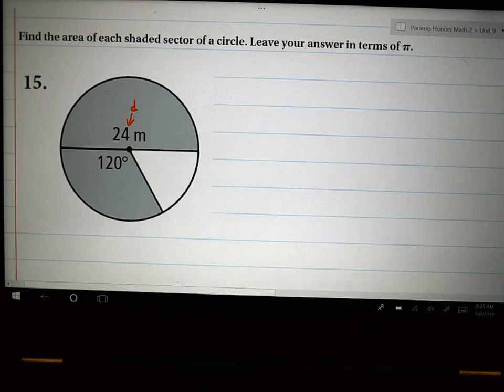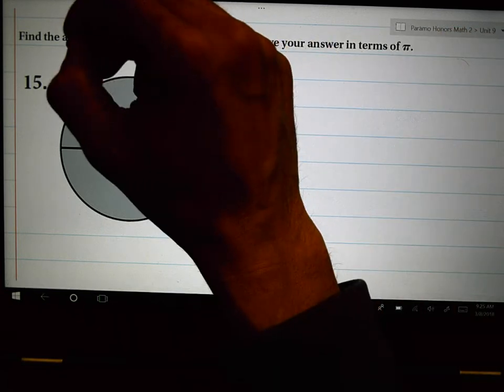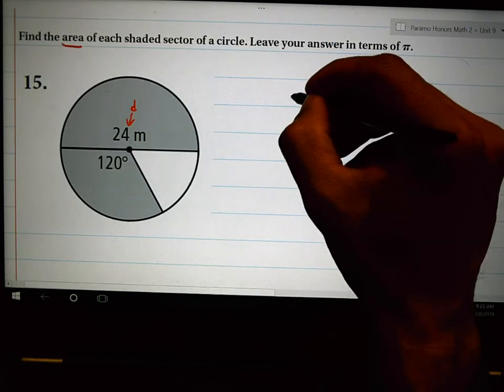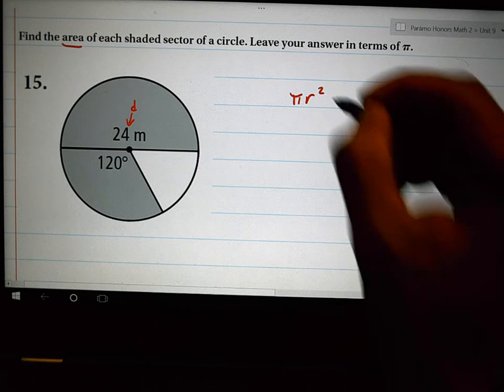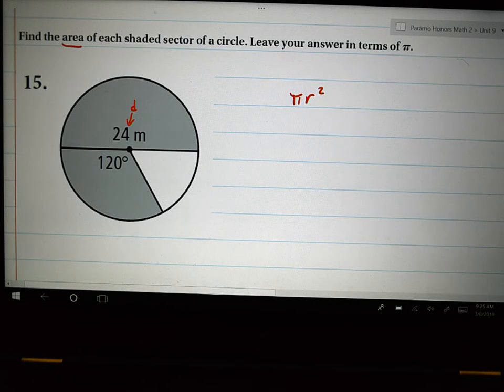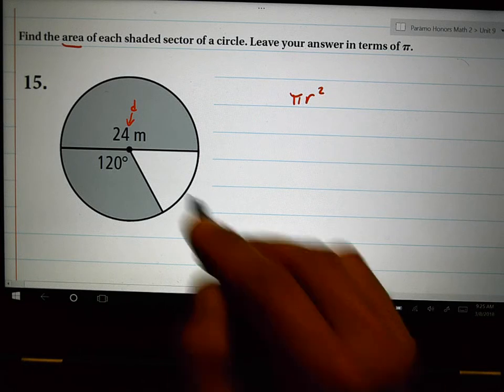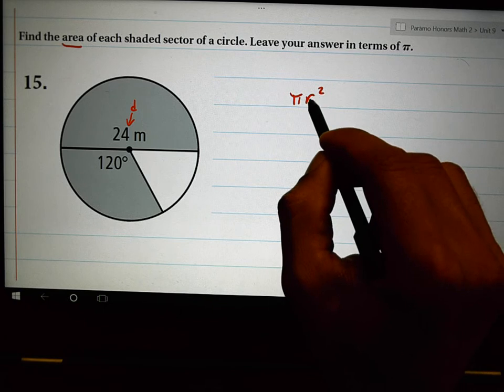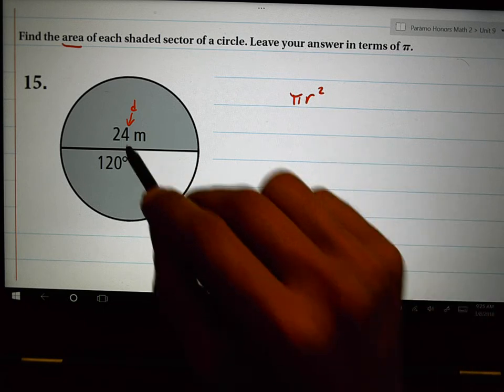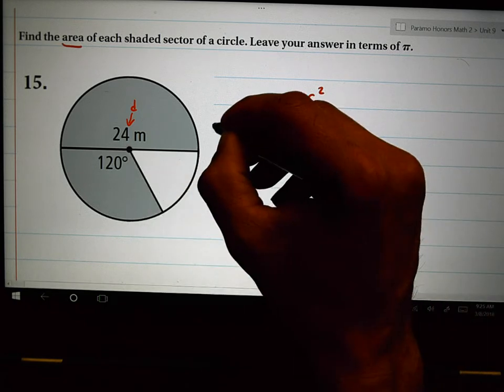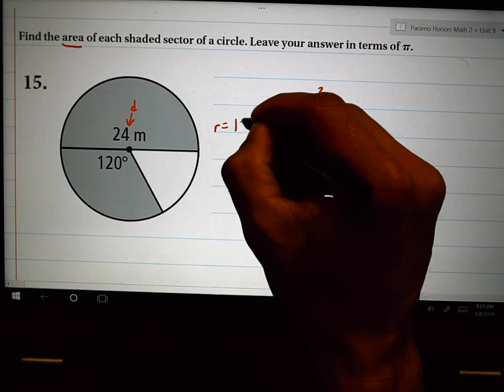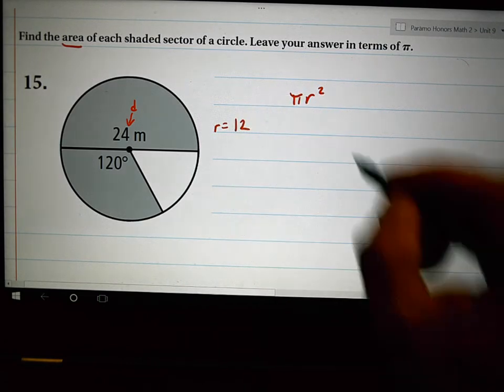And then when we're dealing with area, we're using the formula pi r squared. What does that mean you have to do for this problem when you're plugging in the radius? What do I have to do first? What is r? You might have to cut it in half.